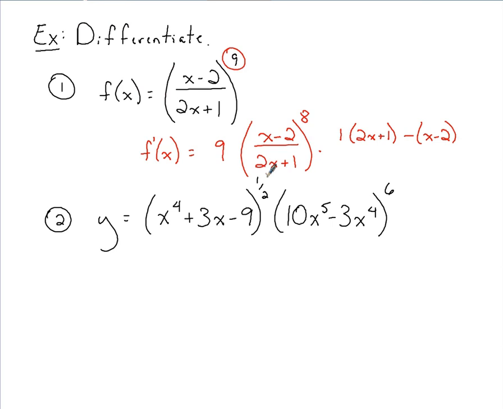So derivative of the bottom is just going to be 2. That's all over your denominator squared, so 2x plus 1 is the denominator. That gets squared. There's the derivative of this inside portion. So applying the chain rule, that's the derivative of the function. We don't have to simplify at this point because we just want to see that we got the basic idea down. That's going to be your answer.